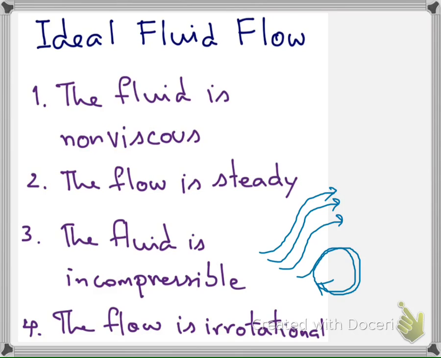And when we say that the flow is irrotational, it means that there is no such flow pattern, so it's irrotational. So we have to consider only the translational motion of the fluid. We don't have to worry about the rotation of the fluid.